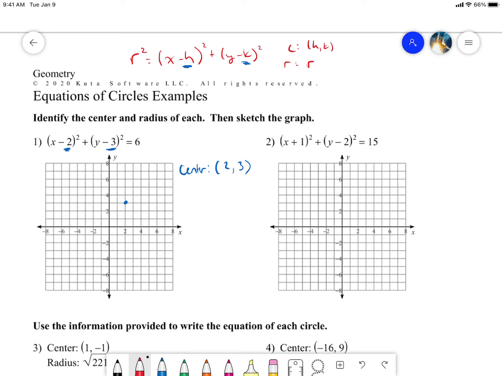Now here's where it gets tricky for my radius. Remember that this is r squared here. So this value, this 6, is equal to r squared. It's not my radius.